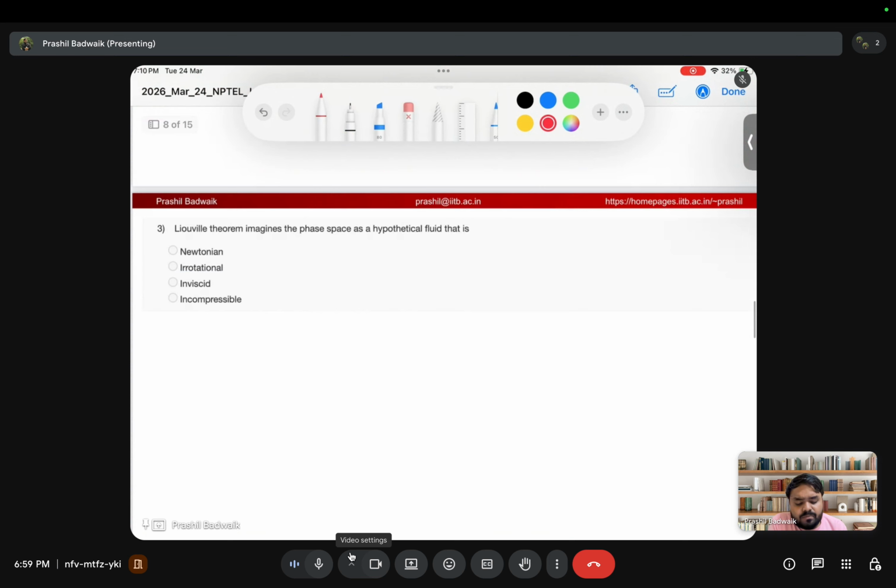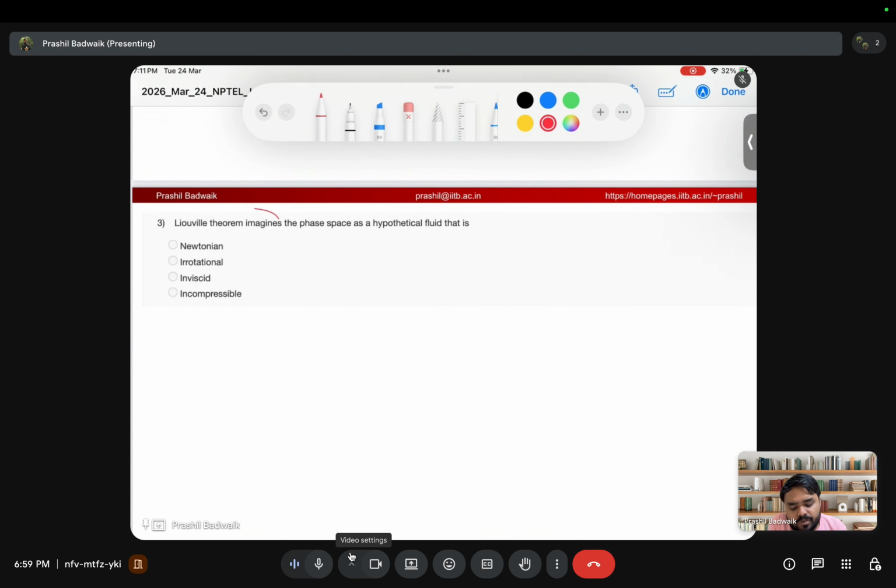Then there is question number 3, Liouville's theorem. Again, this also we discussed in the previous class, right? We studied that Liouville's theorem says that the phase space is a hypothetical fluid which is incompressible. Why incompressible?